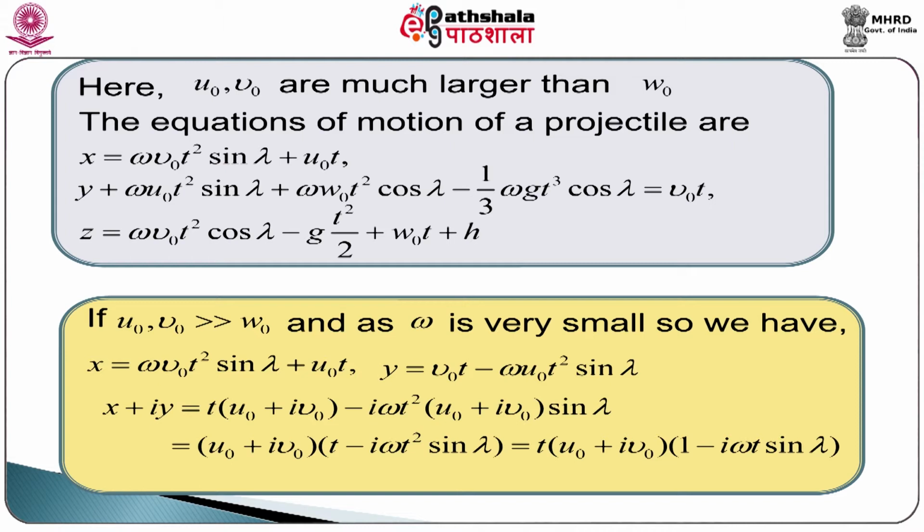Therefore, we have x plus iy equal to t into u0 plus i v0 minus i omega t square into u0 plus i v0 into sin lambda, equal to u0 plus i v0 into t minus i omega t square sin lambda, equal to t into u0 plus i v0 into 1 minus i omega t sin lambda.